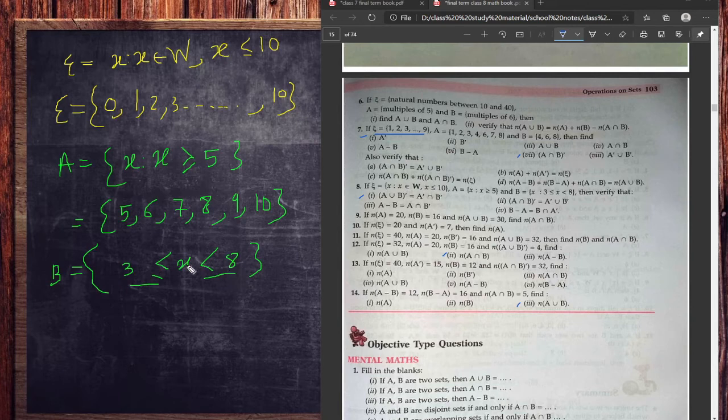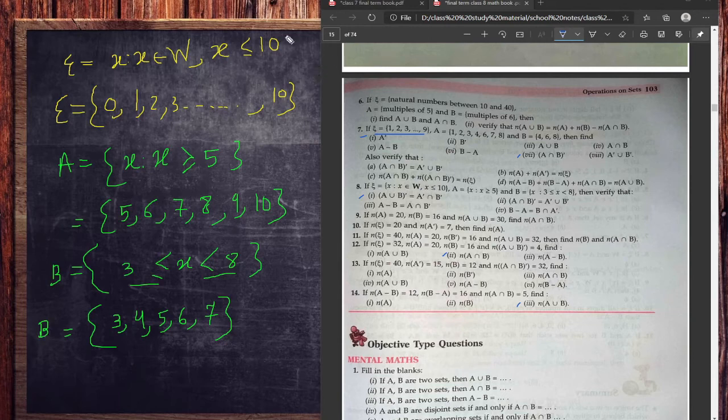It always should be less than 8. That is all you have to remember. So x is greater than or equal to 3. That means it will start with 3, 4, 5, 6 and 7 only because it's less than 8. So as it is a whole number, less than 8 means only up to 7. So we have the B set right now.